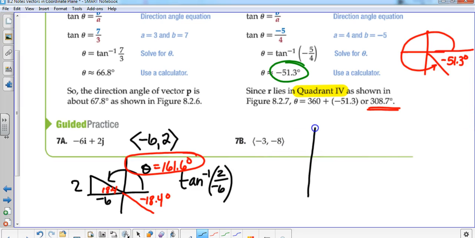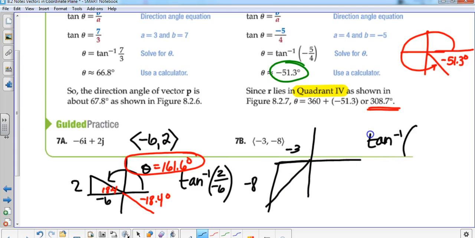7b is in what quadrant? Yeah, negative 3, negative 8 would be in quadrant 3. What are we going to type to find an angle? Negative 8 over negative 3 is going to be a positive. Negative divided by negative is positive.